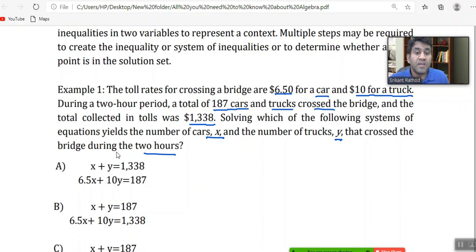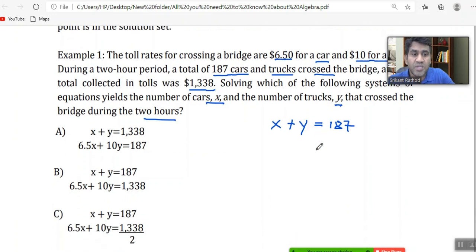So look carefully here. They have mentioned that during the 2-hour period a total of 187 cars and trucks crossed. So the number of cars plus the number of trucks during that period totals 187. After writing just the first part of the expression, go to the answer choices where you get x plus y as 187.